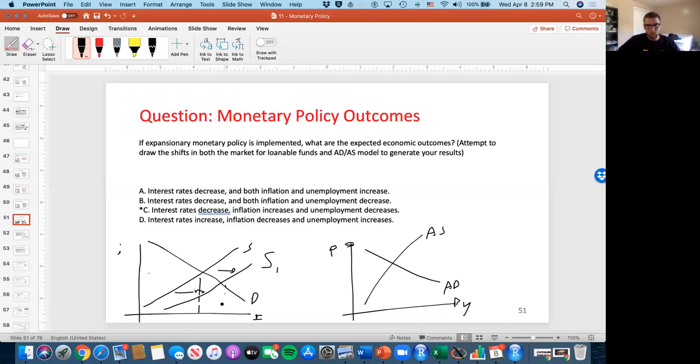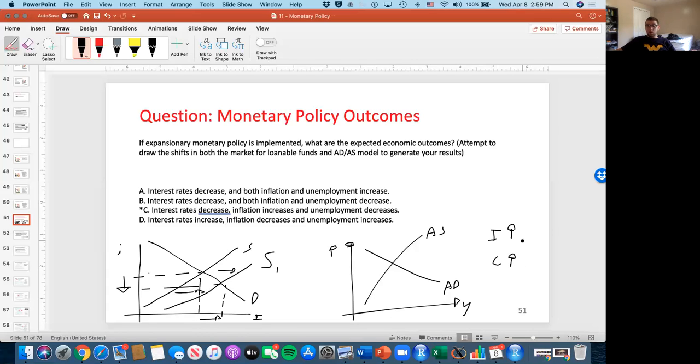In other words, investment is going to increase while interest rate decreases, right?